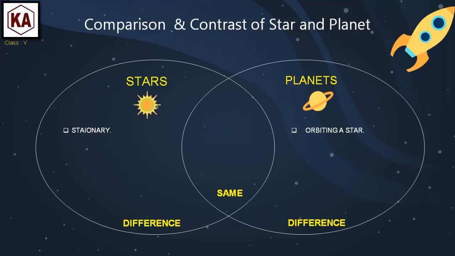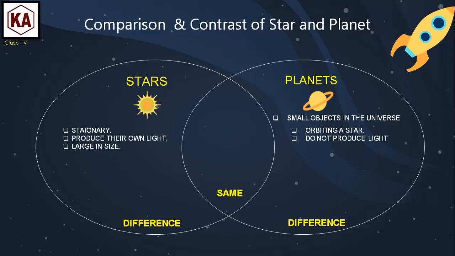Planets orbit around our very own star, that is the sun. Stars produce their own light, whereas planets are opaque bodies and they don't have their own light. They actually reflect some of the light that is taken from the sun. The stars are larger in size, whereas planets are small objects in the universe.